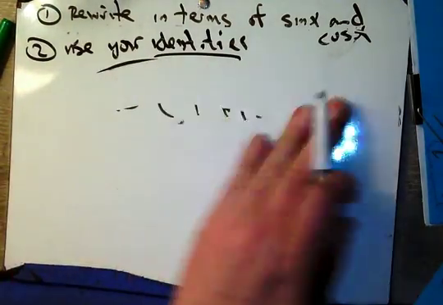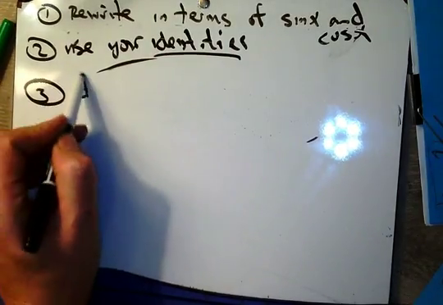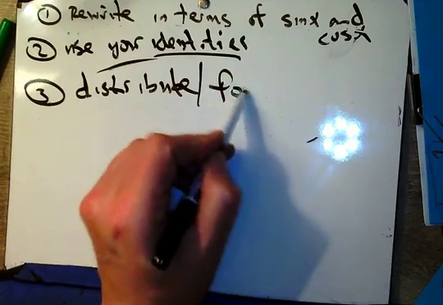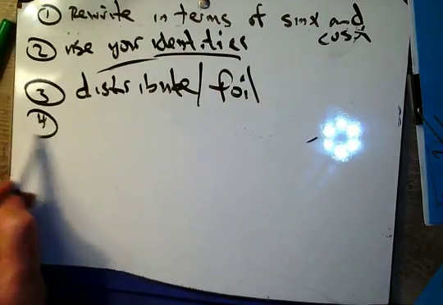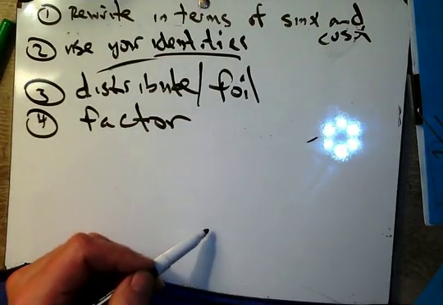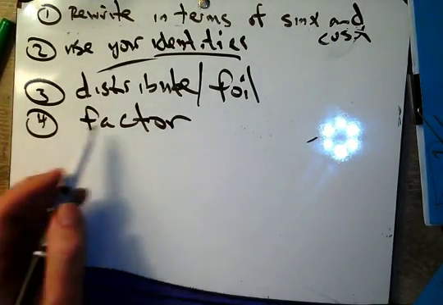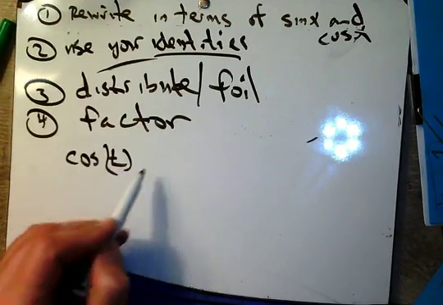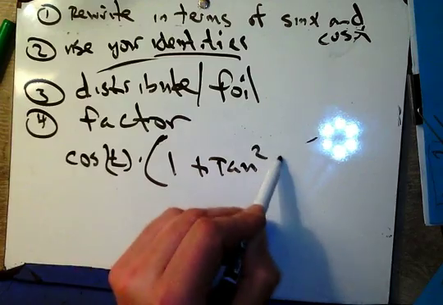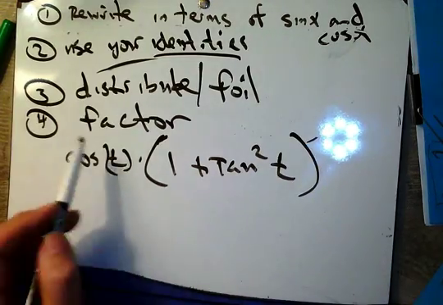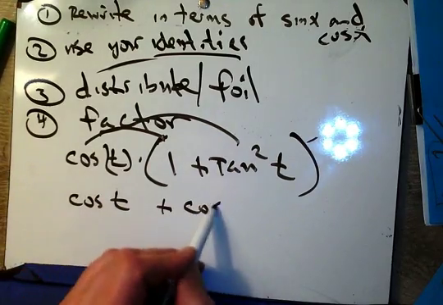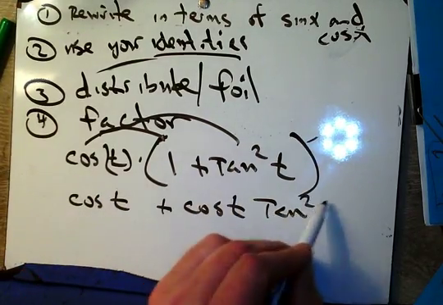In fact, strategy number 3, distribute or FOIL, and I guess its inverse, factor, are 2 more things to add to our list. Now, I don't know if it's going to make sense to do that here. We've got times 1 plus tangent squared t. Now, I distribute, and I get cosine t plus cosine t tangent squared t.